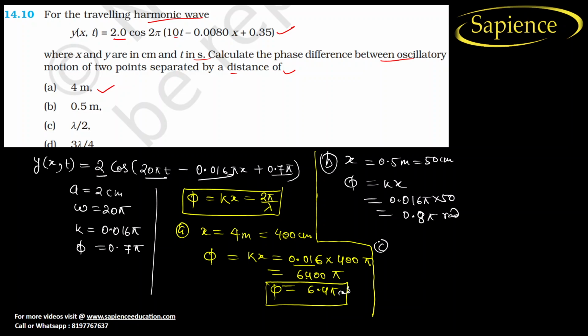Now for x is equal to λ/2. If you put x is equal to λ/2, what are we going to get? φ can be written as k into x.